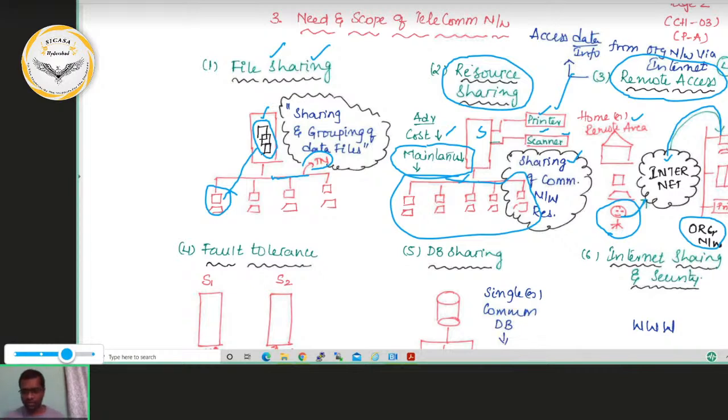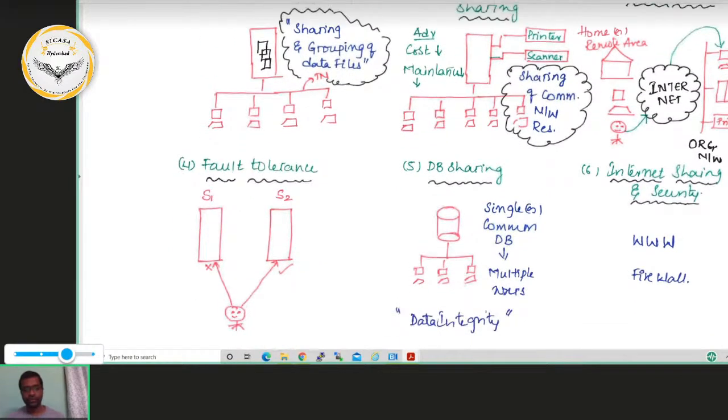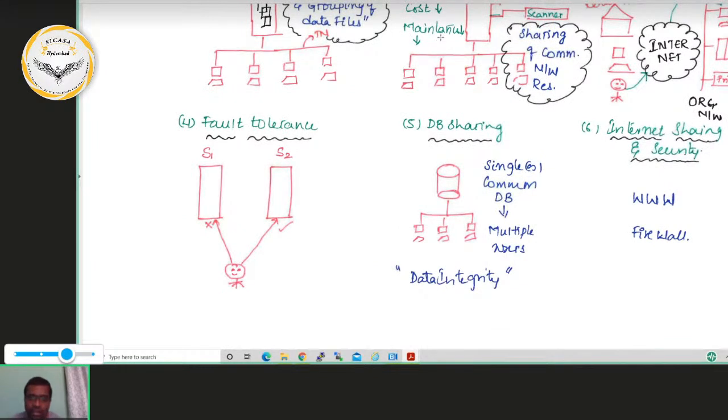What do you mean by fault tolerance? Fault tolerance is maintaining certain additional resources. Let us assume you have only one server, and the user is using this server. If suddenly, due to hardware, the server is not working, can the user access the data?